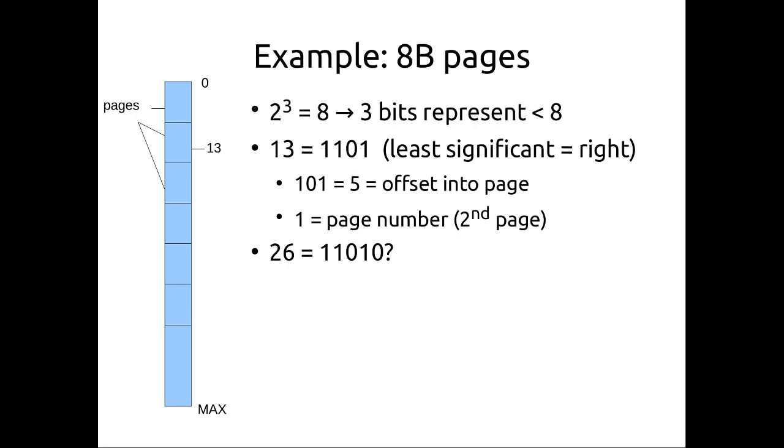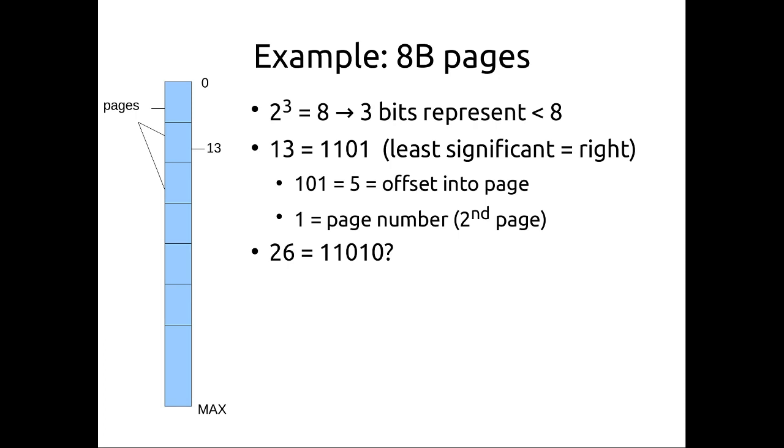So if we look at the least significant 3 bits, we know that the offset into the page is 5. And we know that the page number, which page we're accessing, is 1. So because, of course, indices start at 0, we're on effectively the second page at an offset of 5 into that page.